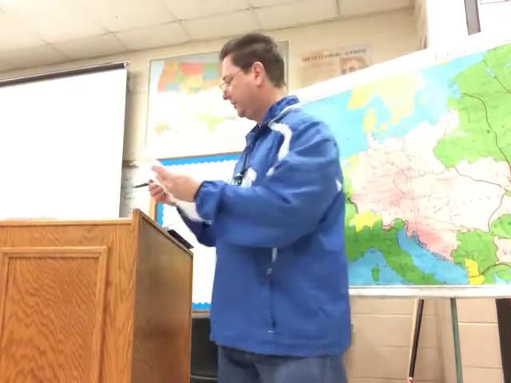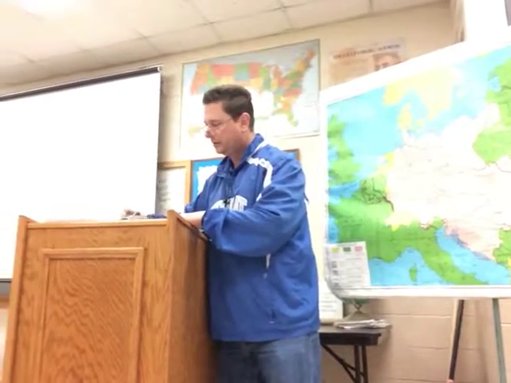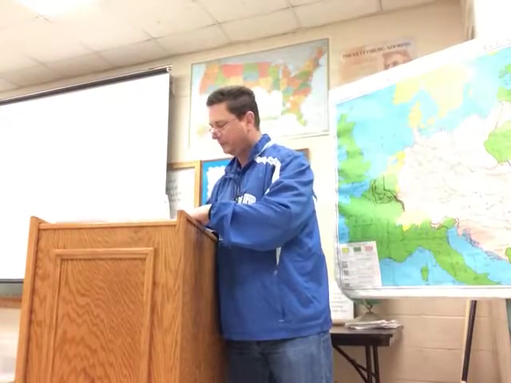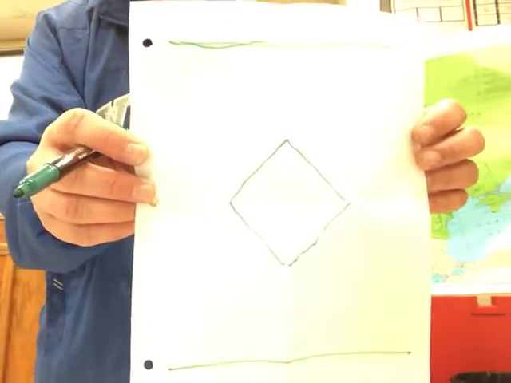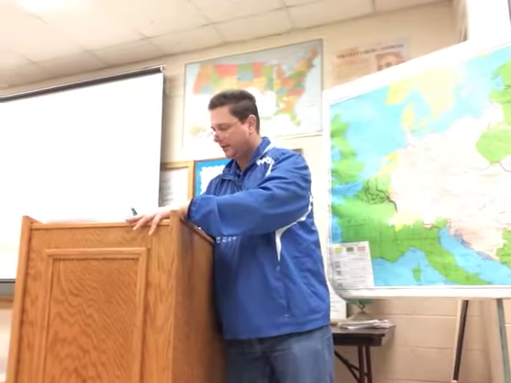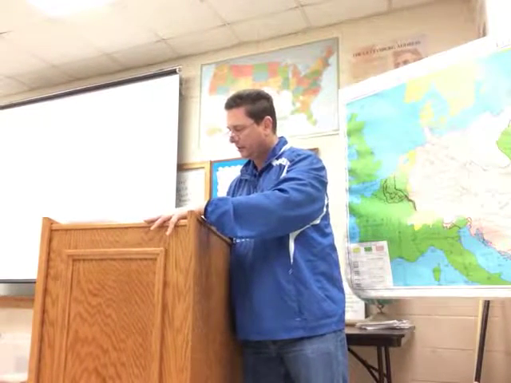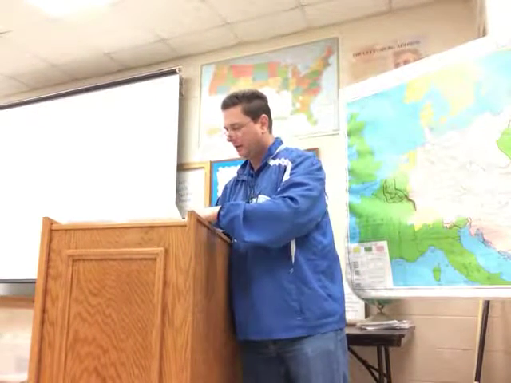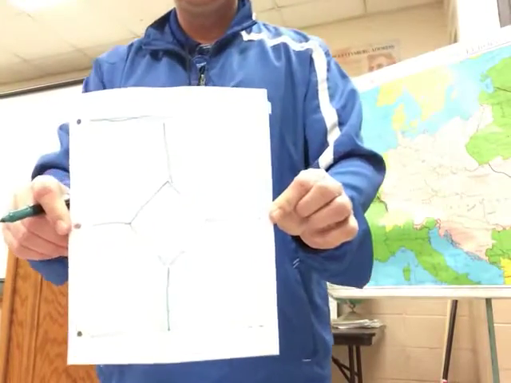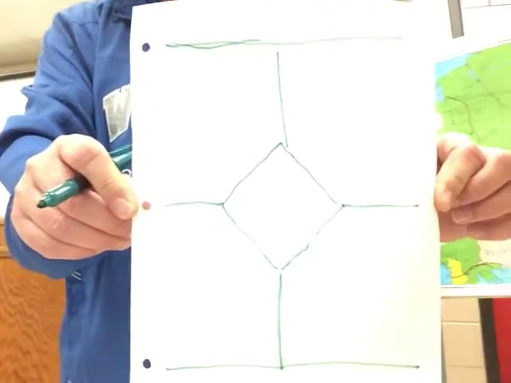I also want to draw my two lines, one on the top, one on the bottom. Then I want to fill in my other lines here, here, here, and here. There we go. That's not looking too bad.